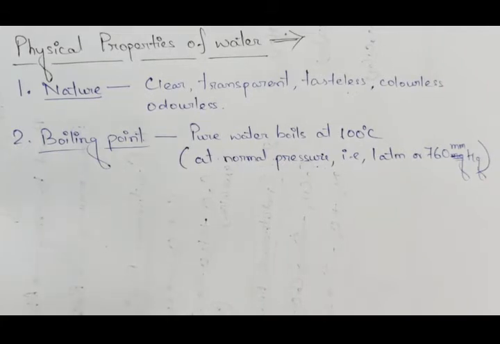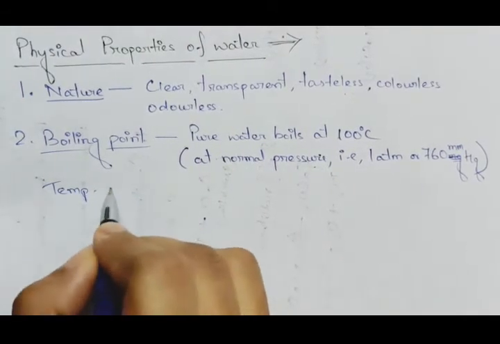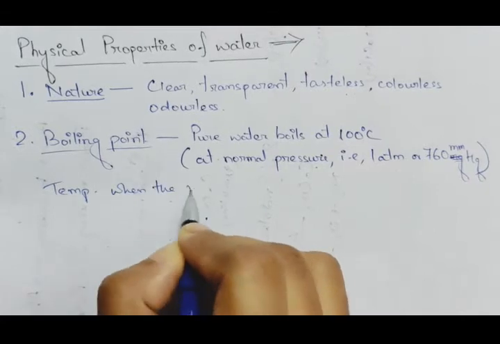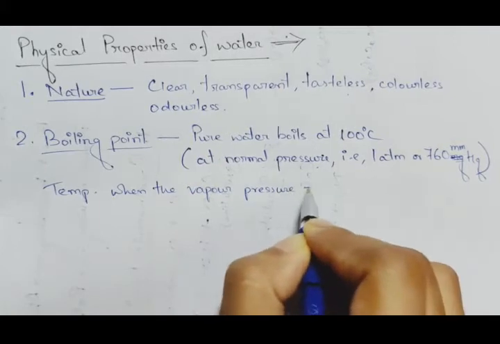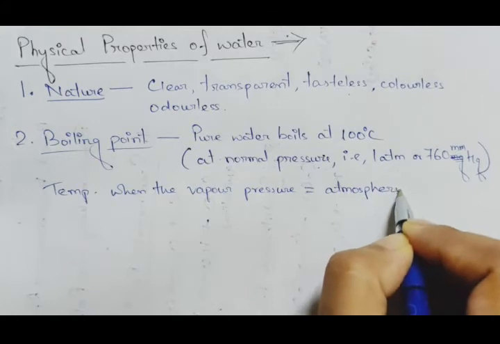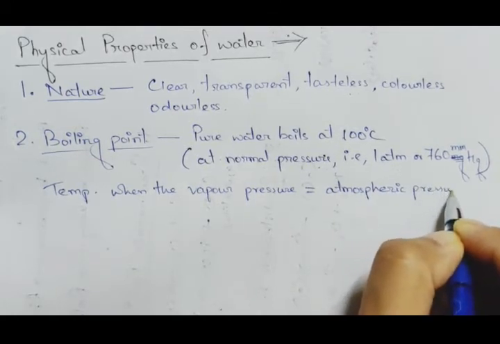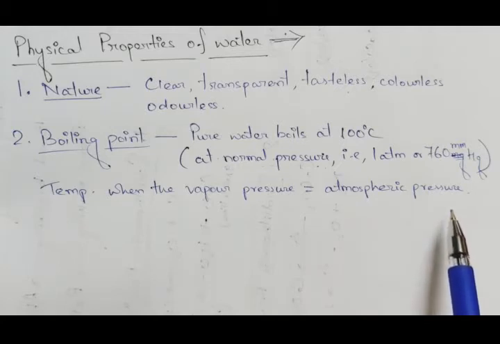So whenever a liquid starts boiling, it is dependent on the temperature when the vapor pressure is equal to the atmospheric pressure. So if there is any change in the atmospheric pressure or the vapor pressure, the boiling point of that liquid will change. Clear? The same thing applies for water also.